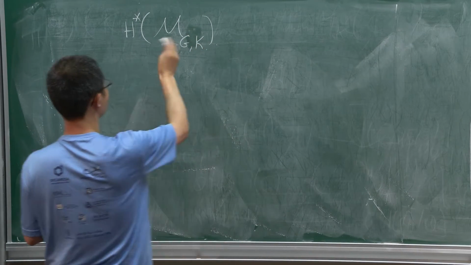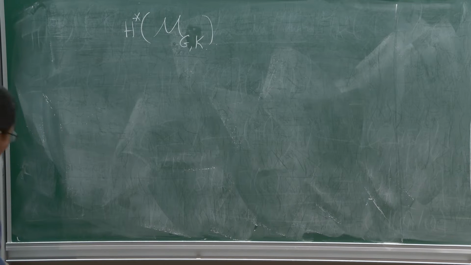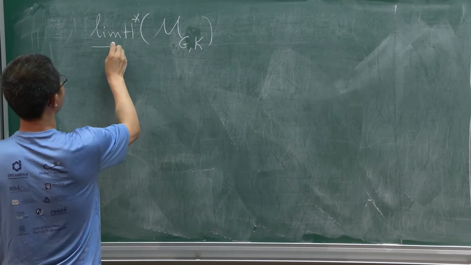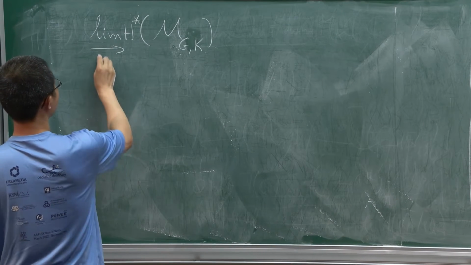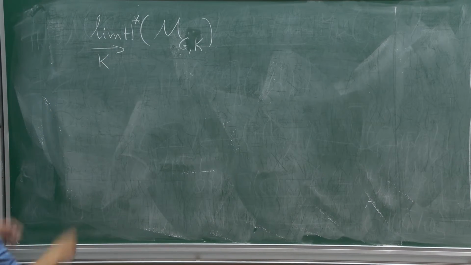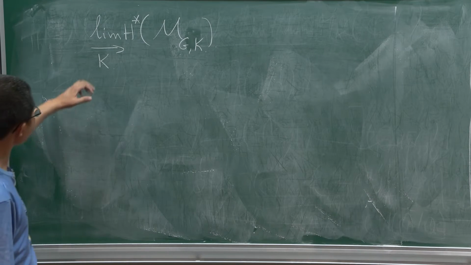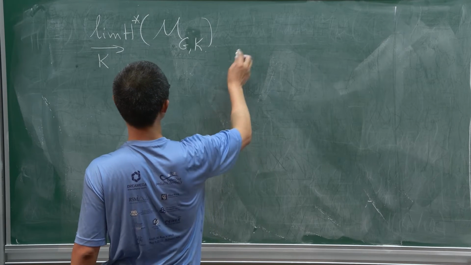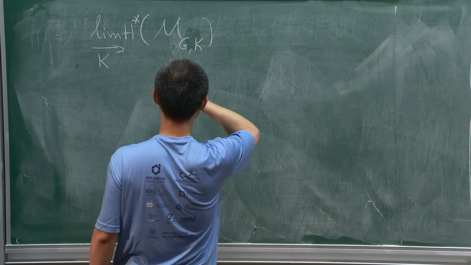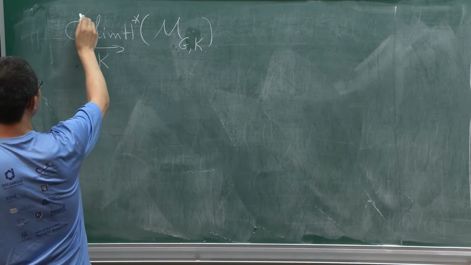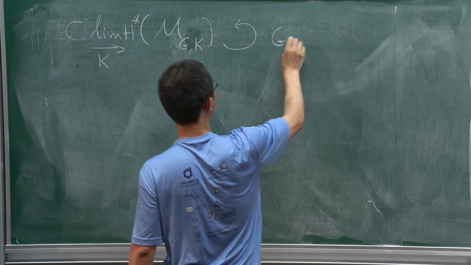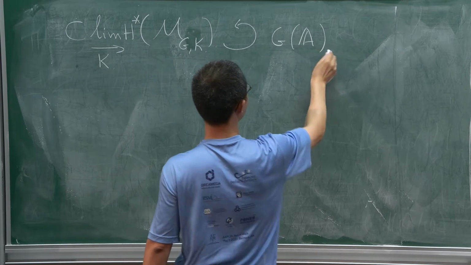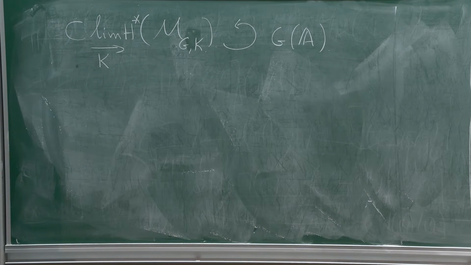Let me just say some modular variety. And if we take the colimit when we pass to finer and finer level structures, this cohomology space will carry commuting actions of, on the one hand, the G adeles, well, the finite adeles maybe in the number field case.